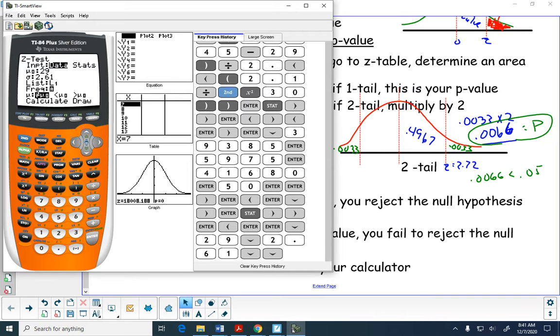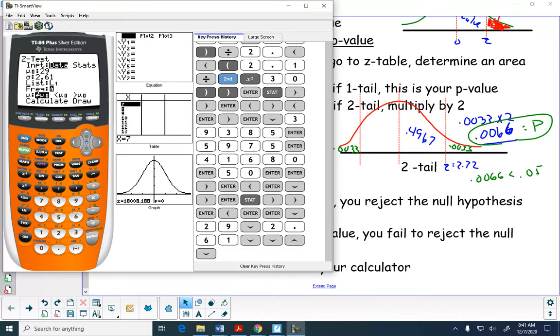We're looking at list 1, so we have an L1 there. That's the list that we're pulling out. If we had a different list, we can change our list to L2. But we're using L1. Once again, we still have our mu is not equal to. And let's go to calculate.